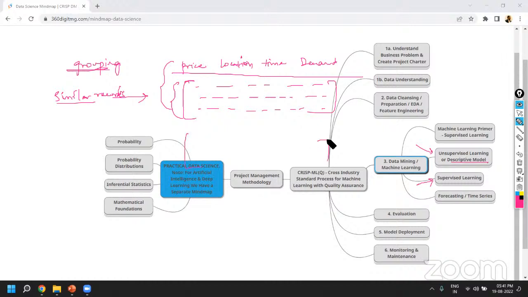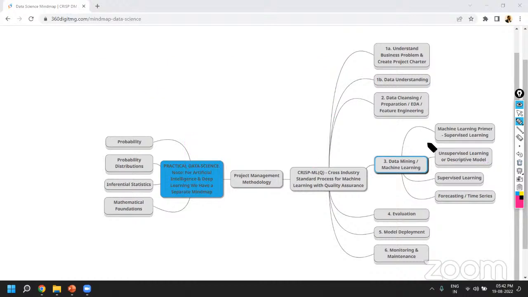So if I can create these groups, I don't have to further drill down and look at each and every point, not required. If I know what group would be appropriate for a given scenario, I'll directly go to that particular group and then look out for individual records only from that particular group, not from other groups. Right? So this is one example of unsupervised learning.